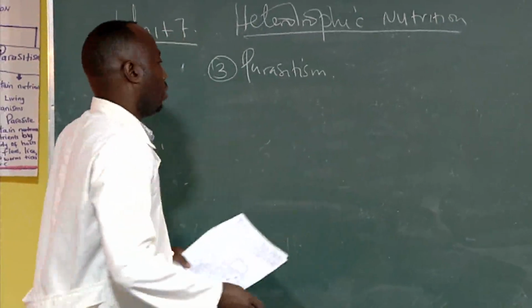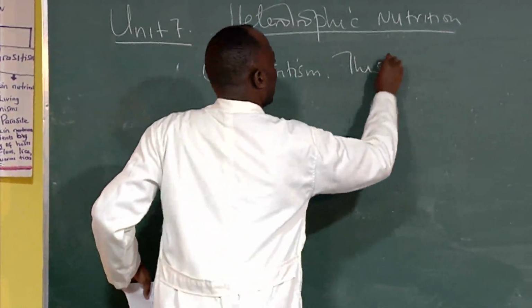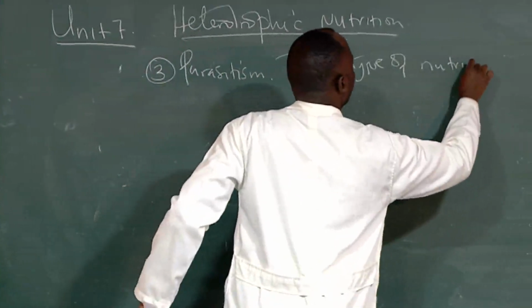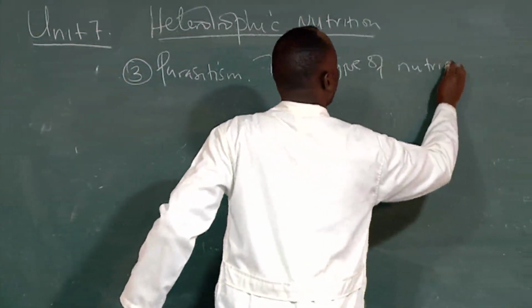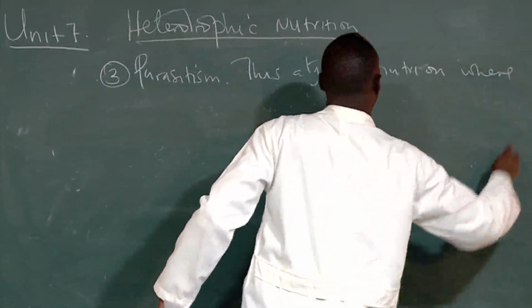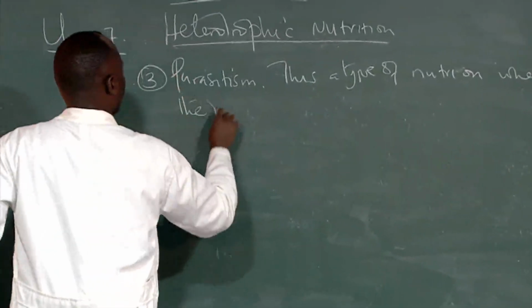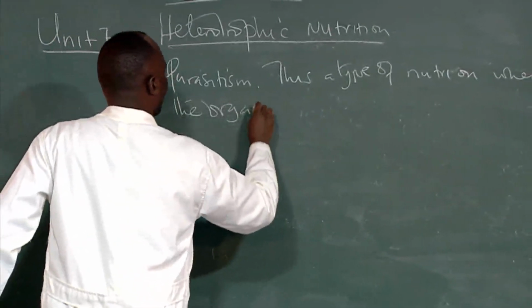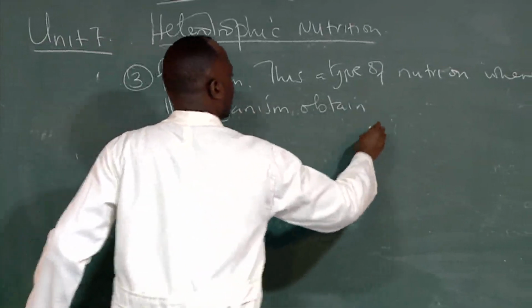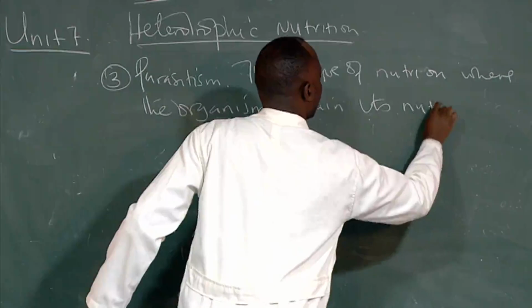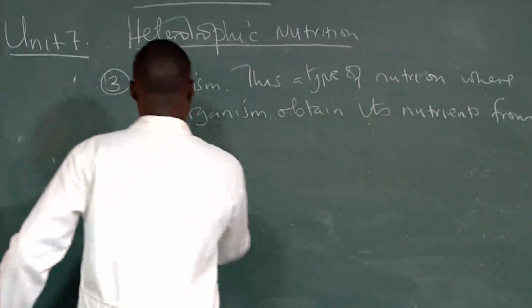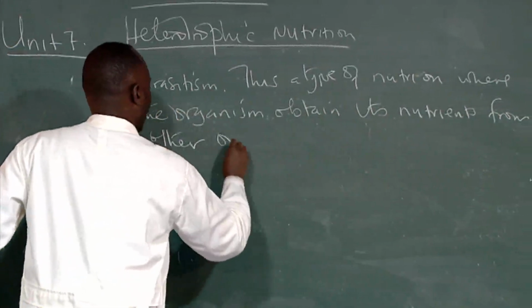This is a type of nutrition where the organism obtains its nutrients from other organisms.